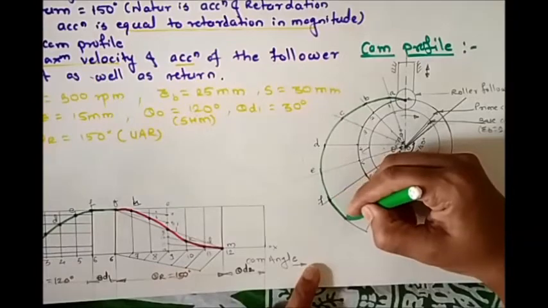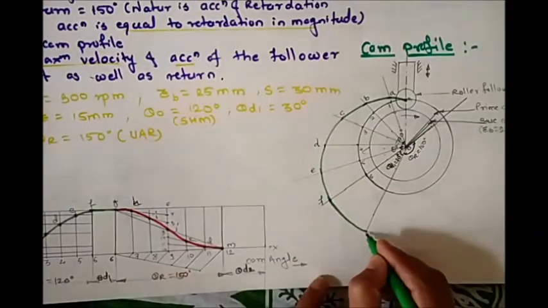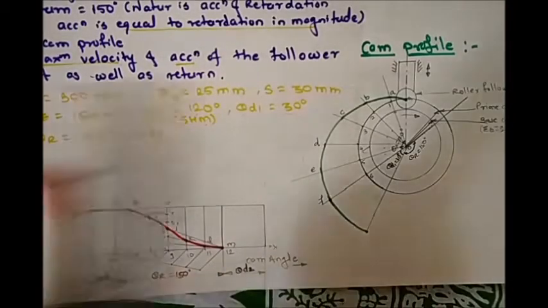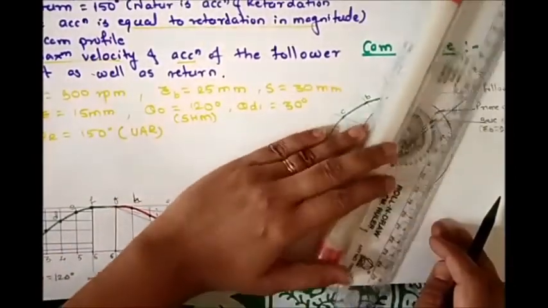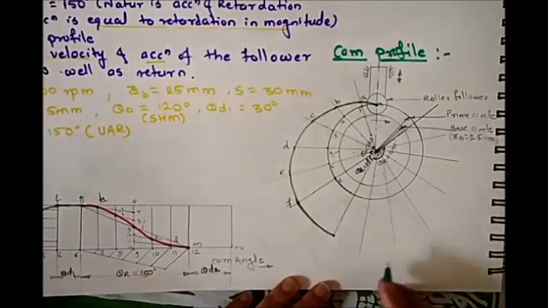So this curve is continuous up to the first point of theta r. Now let's divide theta r into 6 equal parts. So here we have the return stroke in 6 parts.